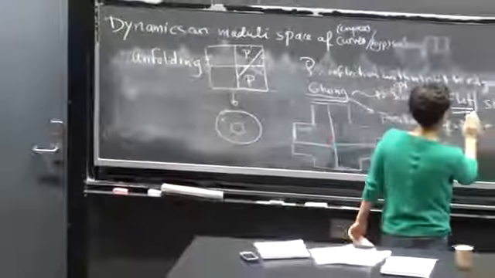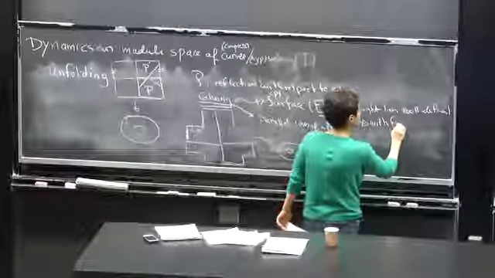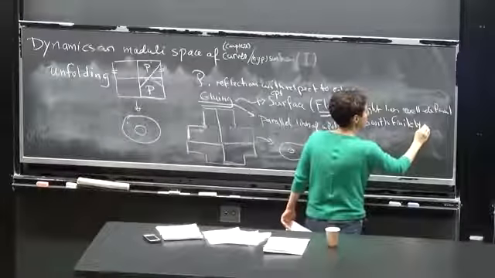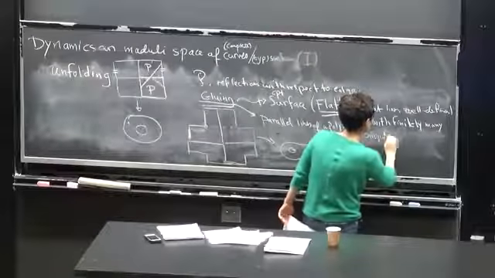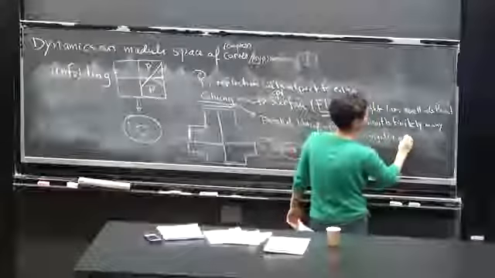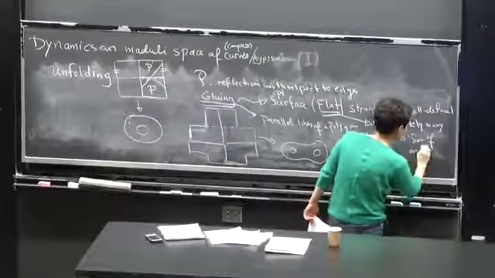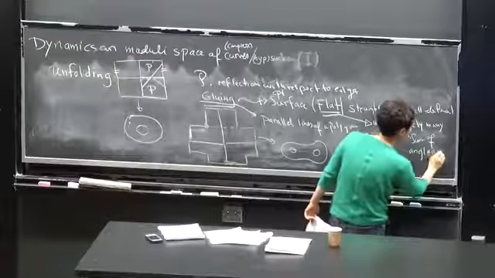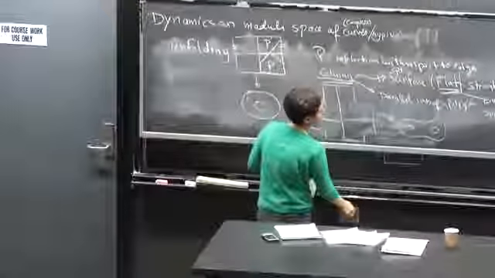You get a flat structure with finitely many singularities, where the angles at these points are more than 2 pi; it's 2 pi times an integer.